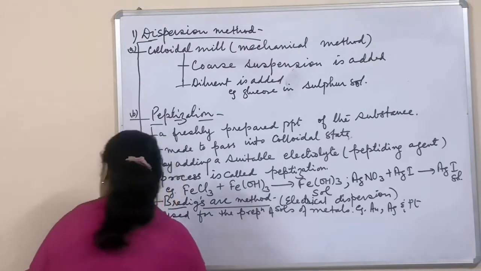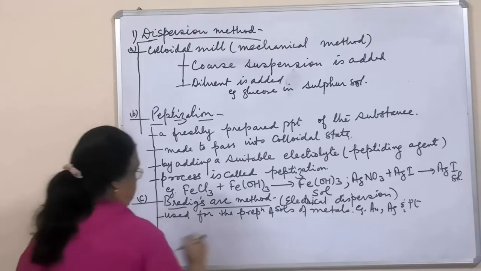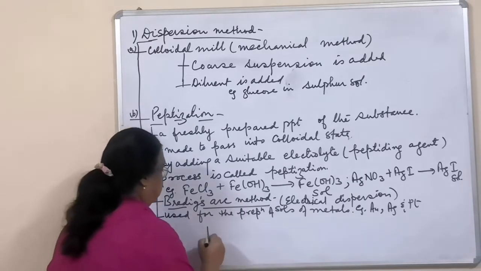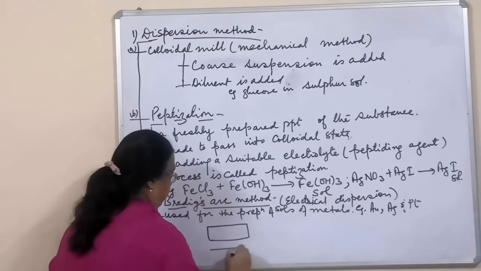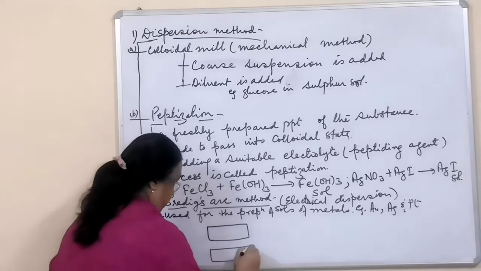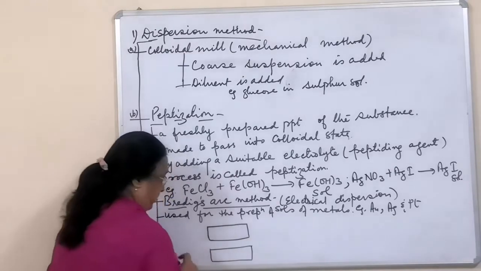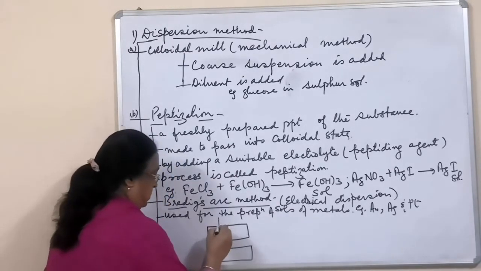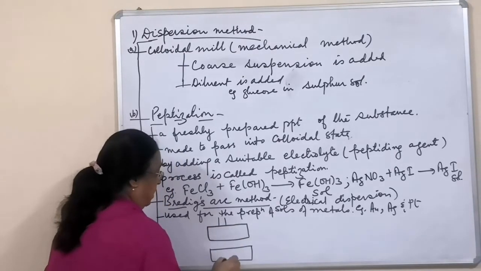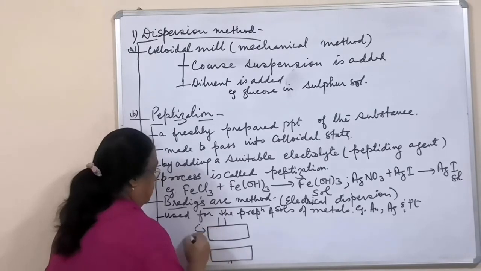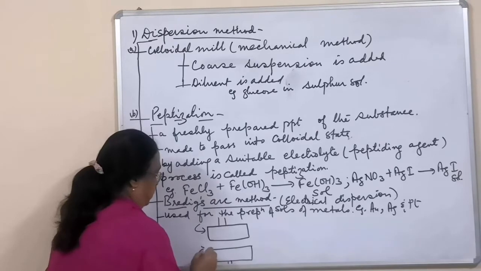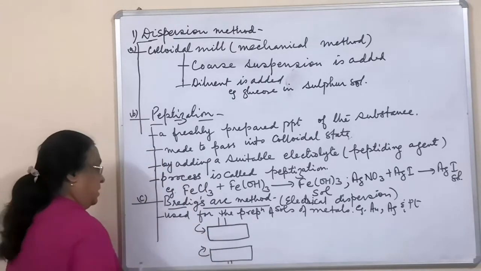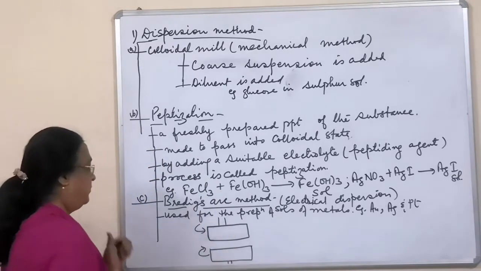For that, what is done? Two heavy discs are used, which are fixed one at the top of the other by means of an axle, and these discs rotate, both of them in the opposite direction. If one is clockwise, then the other is anticlockwise.